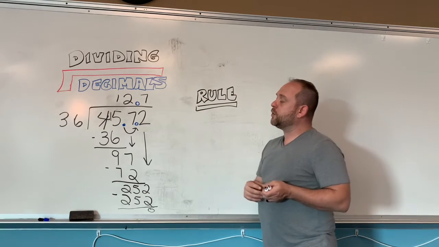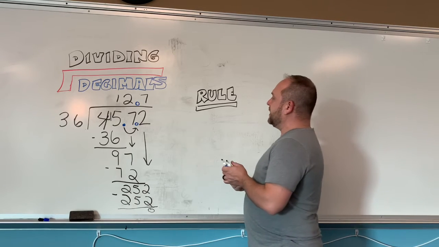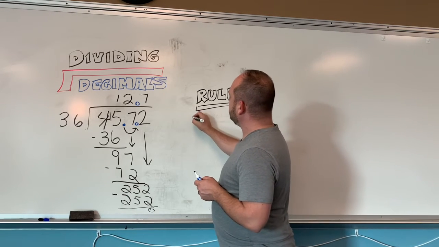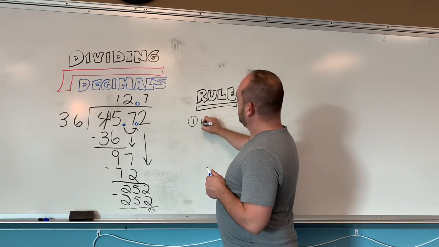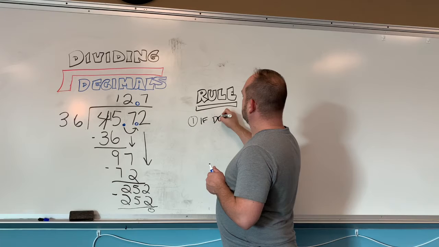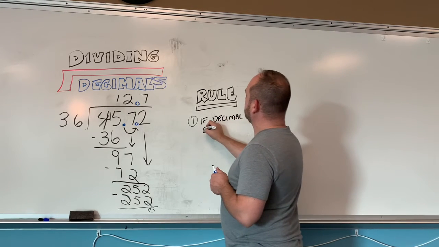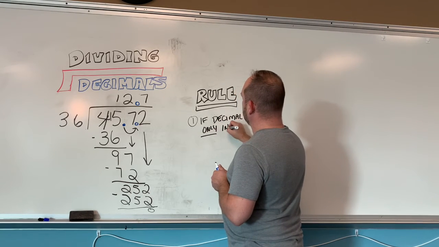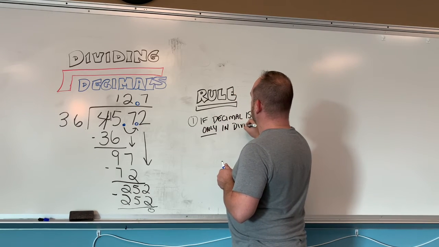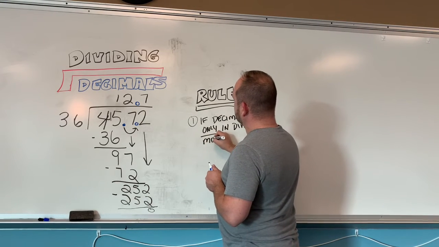All right, so our rule as we divide with decimals. Number 1, if the decimal is only in the dividend, move up into the answer.